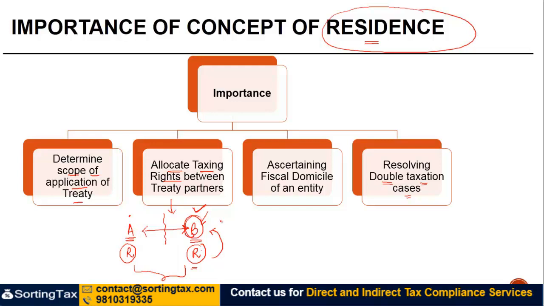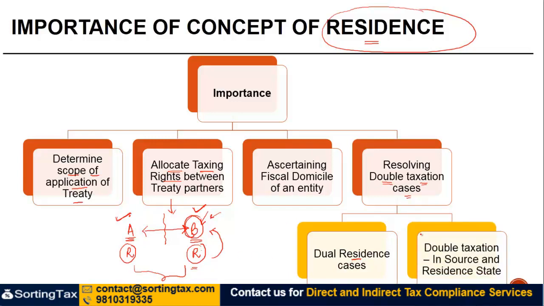In which case there will be no double taxation. Or B may say that if this person is a resident of my country, I am going to allow you a credit for any taxes which would have been withheld by A. So it helps you to resolve double taxation cases. These double taxation cases could be the case where a person becomes a resident of two countries, or there is a double taxation in the source and the resident state.